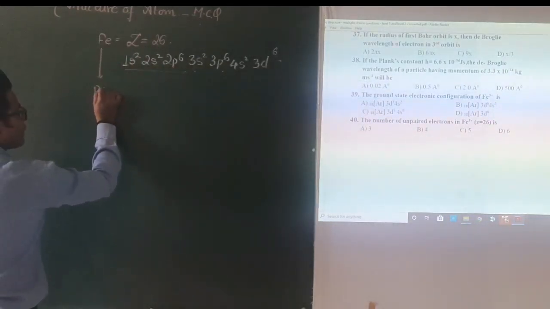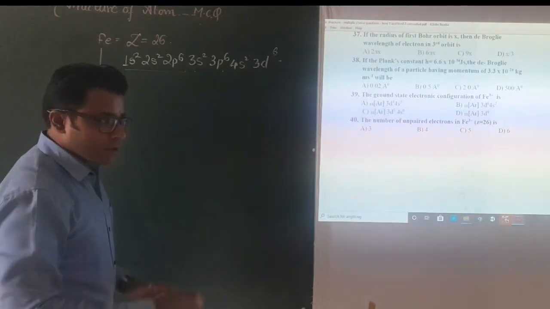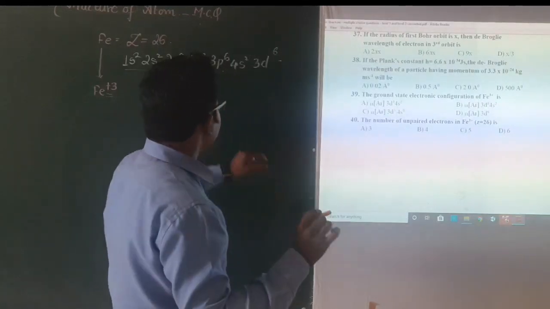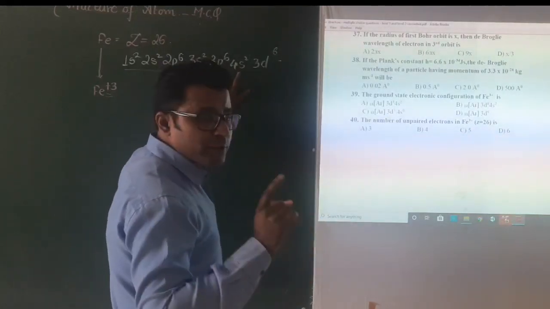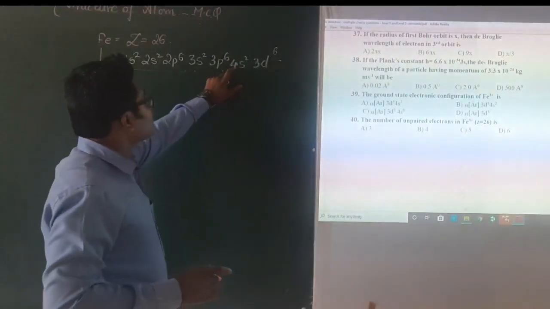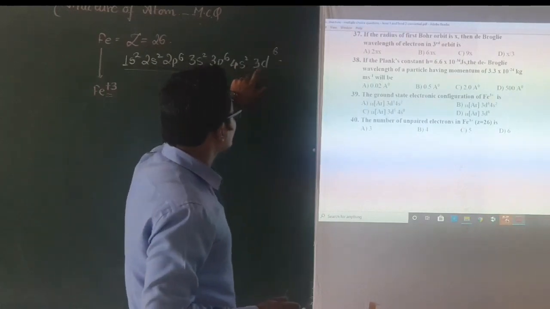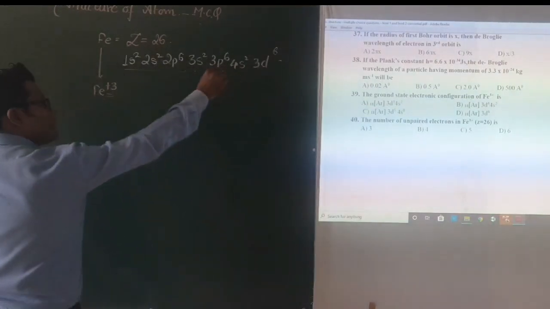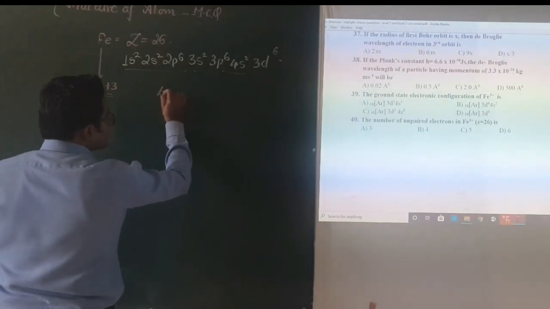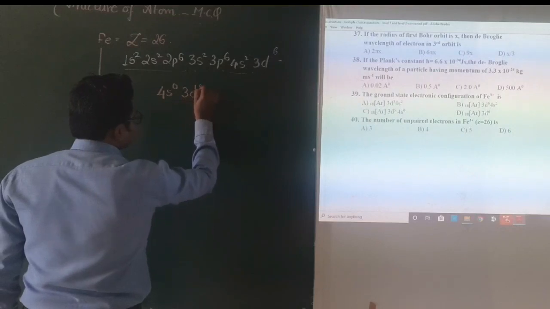So they have taken Fe in the form of Fe plus 3. That means it is going to lose 3 electrons. Always remember, the 3 electrons are lost in the manner of 2 electrons from the outermost shell, that is the 4s2 in this case, so 2 electrons from 4s and 1 electron we are going to lose from 3d. As we lose them, this will become 4s0 and this will become 3d5.